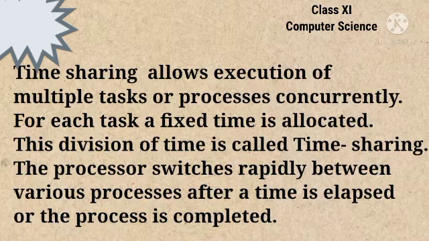The processor switches rapidly between various processes after a time is elapsed or the process is completed. Different time slots are allocated to different processes and the processor will switch rapidly either after completing the task or in between. This process is called time sharing. It's one of the key features of an operating system.